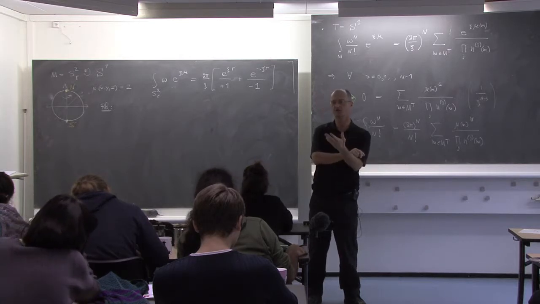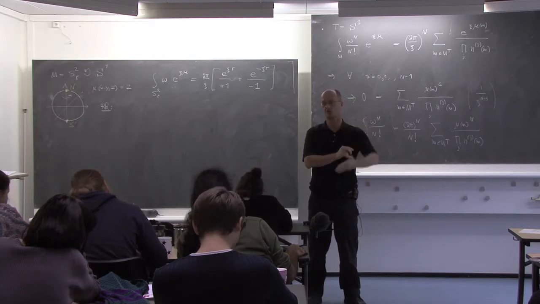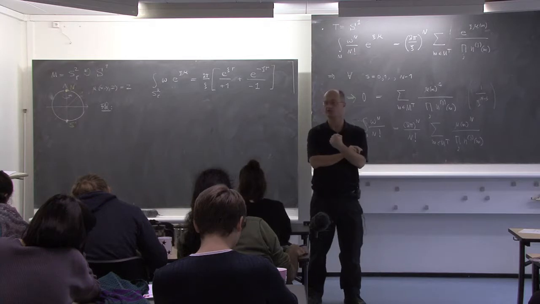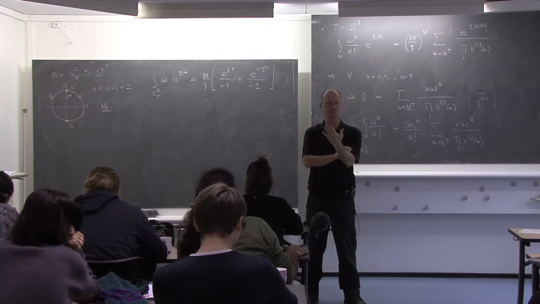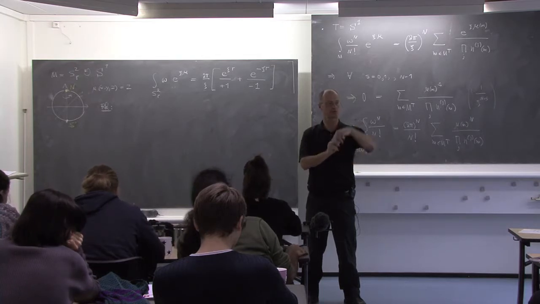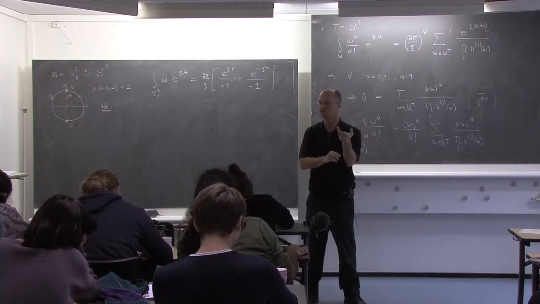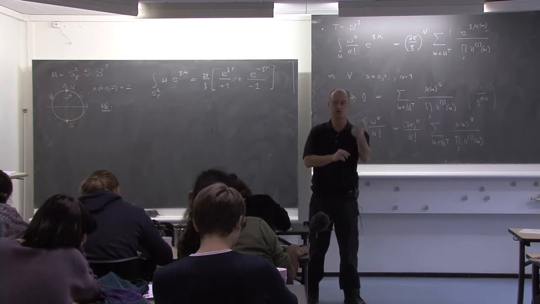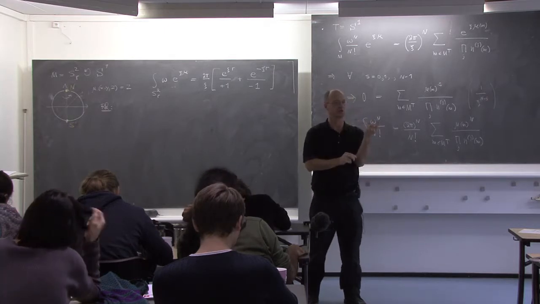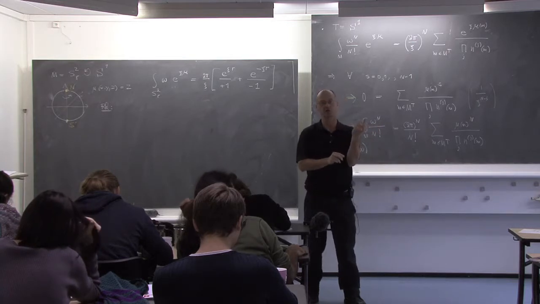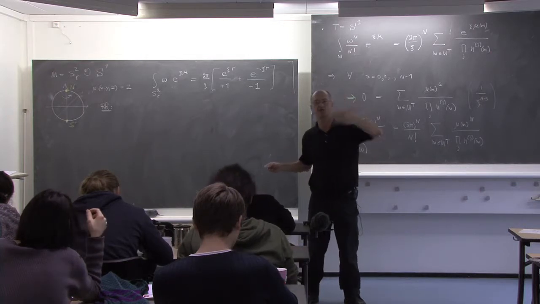Because for instance, we're choosing some z coordinates on those copies of C. But what if we use a z bar coordinate instead? If you have a T action or S1 action, and you replace z with z bar, then z bar rotates in the opposite direction. So actually, the weights are well defined only up to a sign. You can always choose whether you want a weight n or a weight minus n.